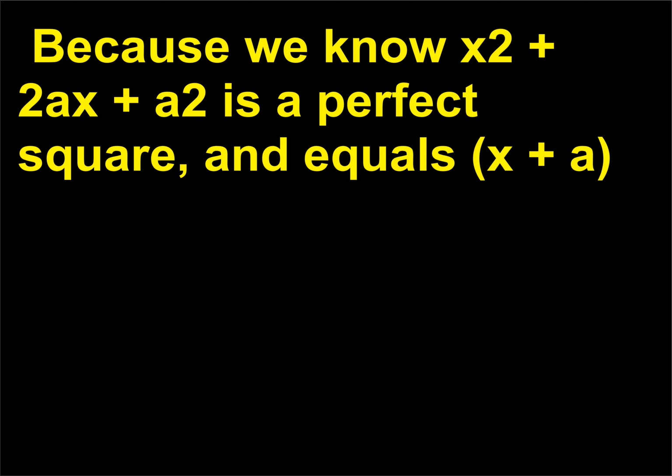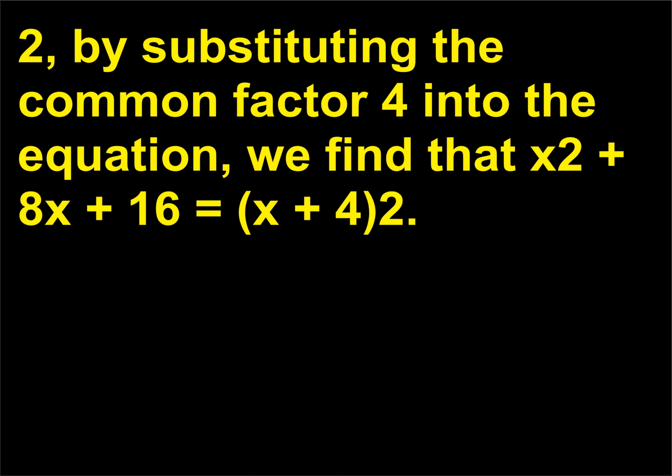Because we know x² + 2xa + a² is a perfect square and equals (x + a)², by substituting the common factor 4 into the equation, we find that x² + 8x + 16 equals (x + 4)².